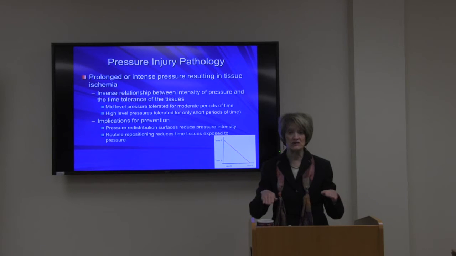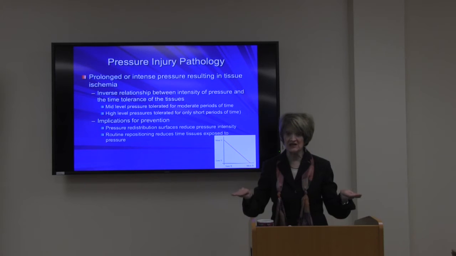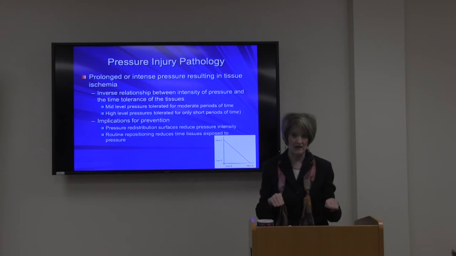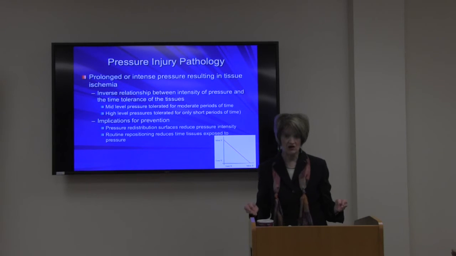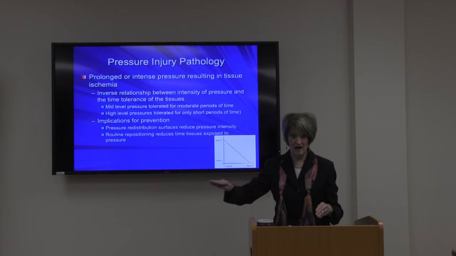There's a marked reduction in point pressure, marked reduction in interference to capillary flow. Buys the tissues a lot of time before they become ischemic. So surfaces in general are designed to reduce pressure intensity and buy the tissues more time.